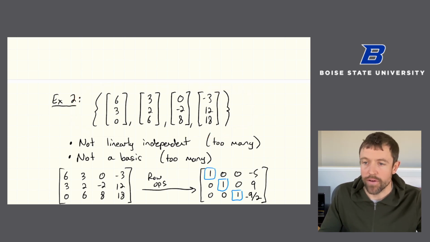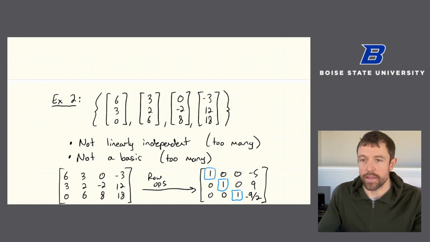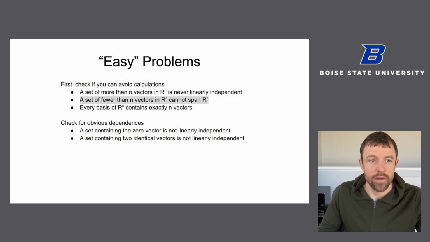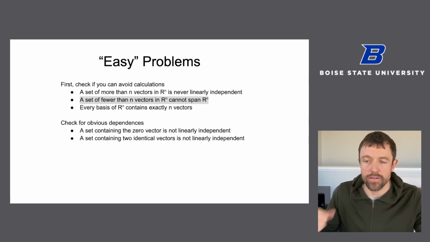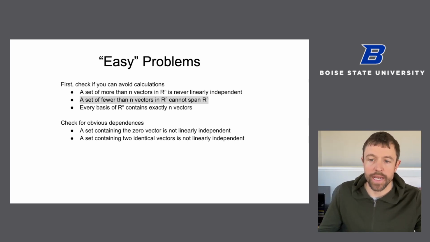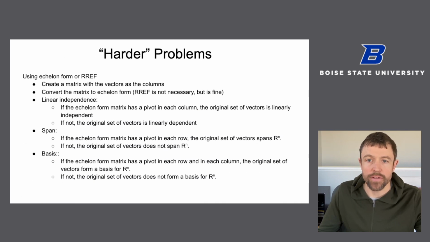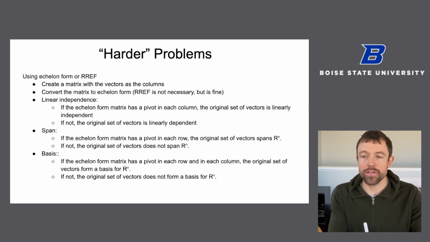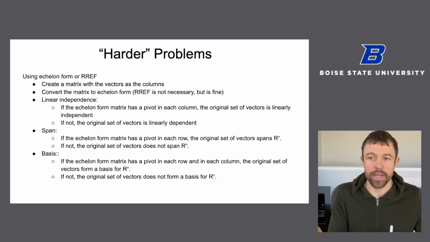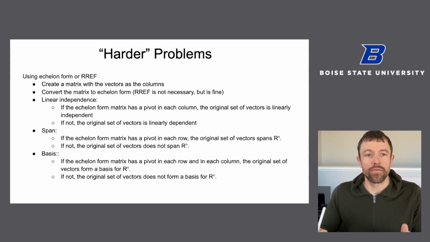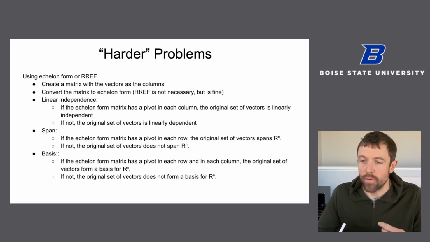We check the easy methods, and for anything that's not easy, where there's no straightforward reason it can't possibly be true, we have to do this harder approach, which isn't too bad: we take our vectors, make them the columns of a matrix, convert to echelon form, and then check where the pivots are.